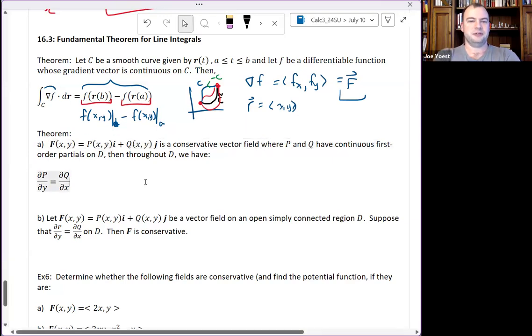If we're given a vector field, F(x,y) equals P(x,y)i plus Q(x,y)j, if that's a conservative vector field, where P and Q have continuous first order partials on some domain D, then throughout that domain, we have the partial of P with respect to y equals the partial of Q with respect to x.